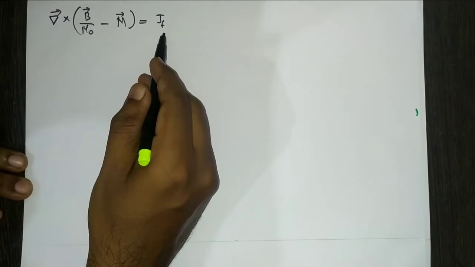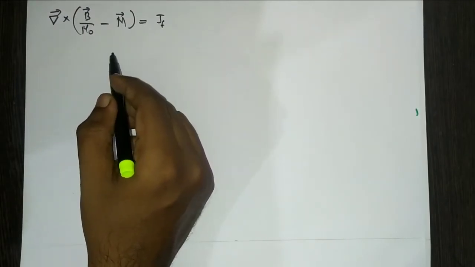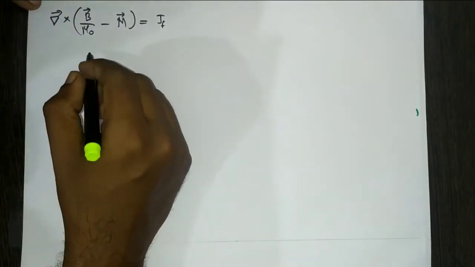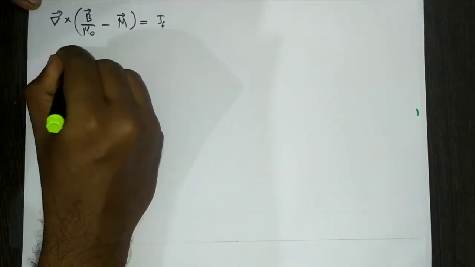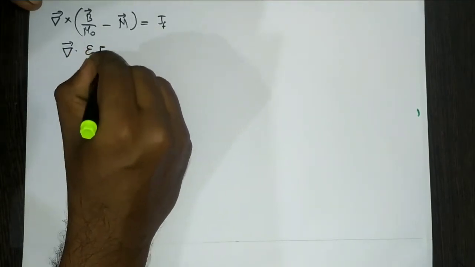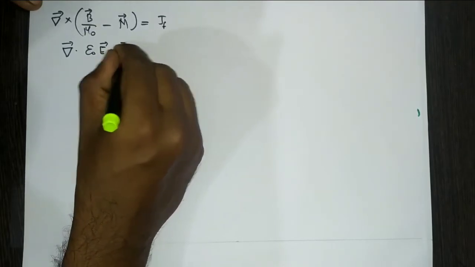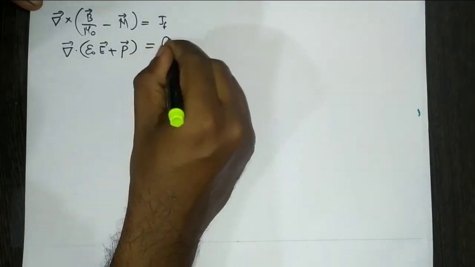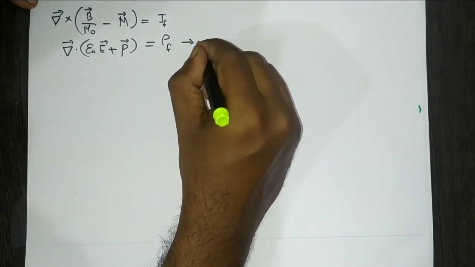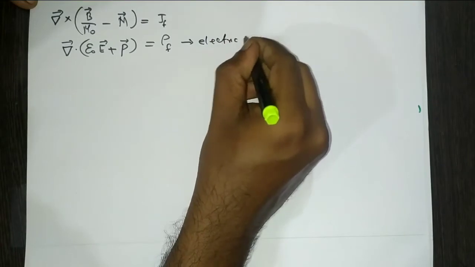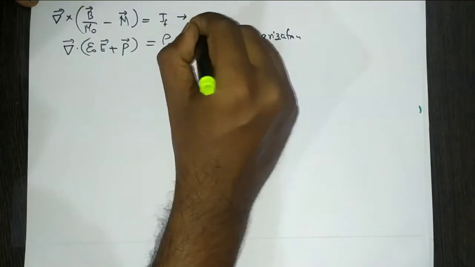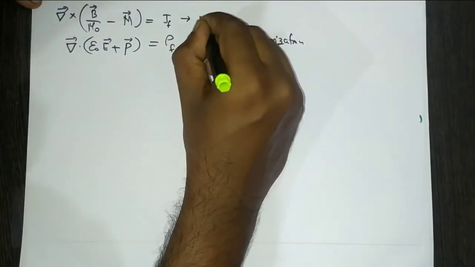This equation is very similar to the equation we wrote for electric polarization, that is del dot of epsilon 0 E plus P equal to rho F. That is the case of electric polarization; this is the case of a magnetized material.